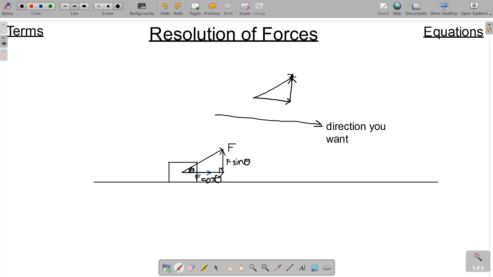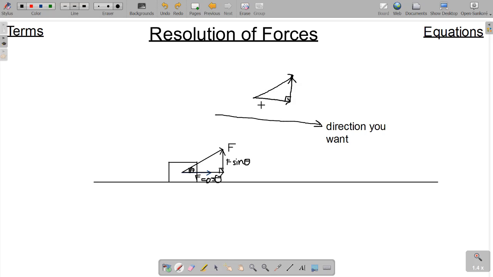The vector that's perpendicular to the direction you want will not affect the component of the force in the direction you want. That's all you need.